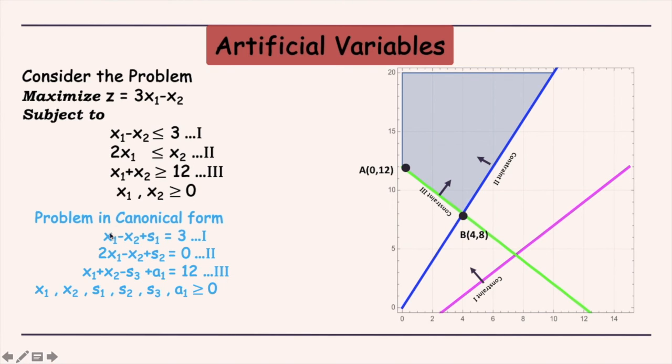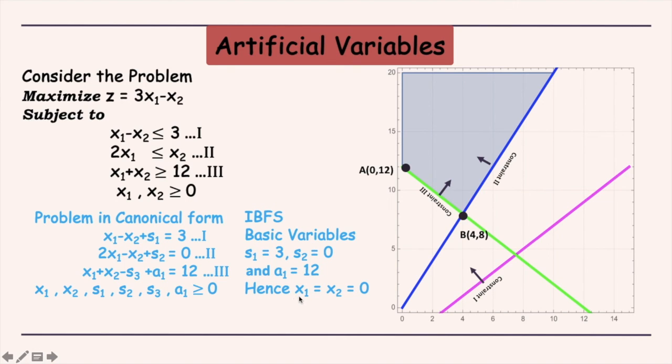Now when we solve this using simplex, the initial basic feasible solution for this particular problem will have the basic variables S1, S2 and A1. S1 will have value 3, S2 will have value 0 and A1 will have value 12. So initially when you start, you have these as your basic variables, and therefore the remaining ones are non-basic. Your x1 and x2 both will have a value 0.